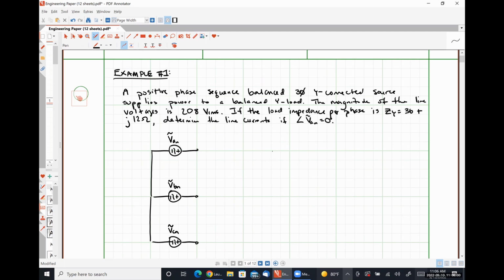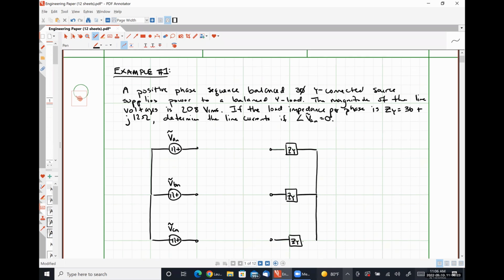On the right-hand side over here, I'm going to draw my Y-connected load. I'm going to have my 3 instances of ZY in a Y configuration, like so.